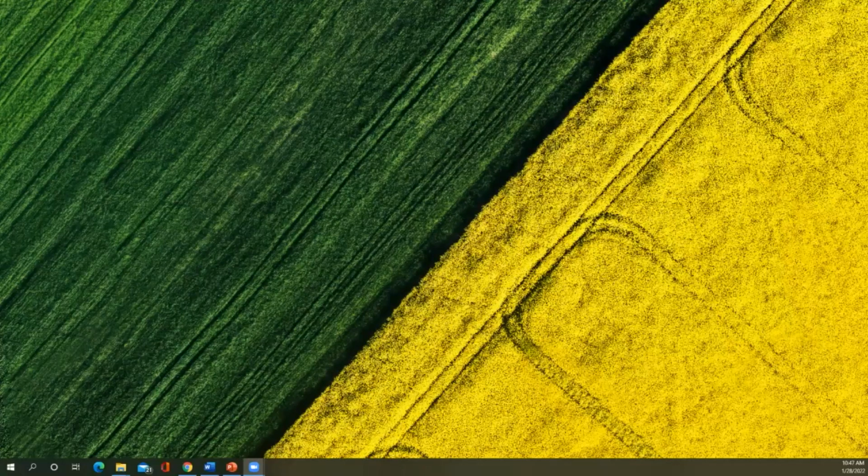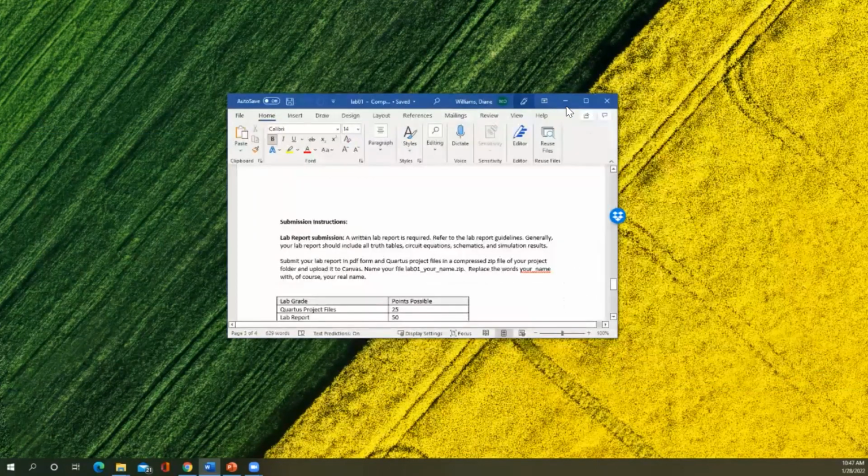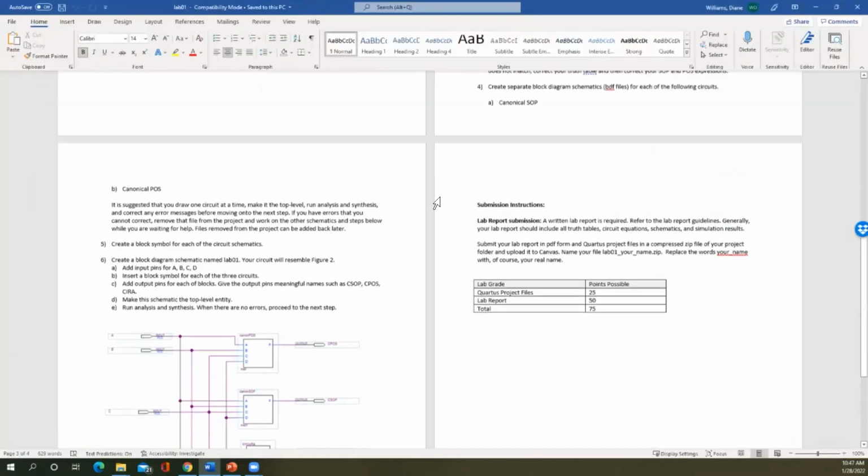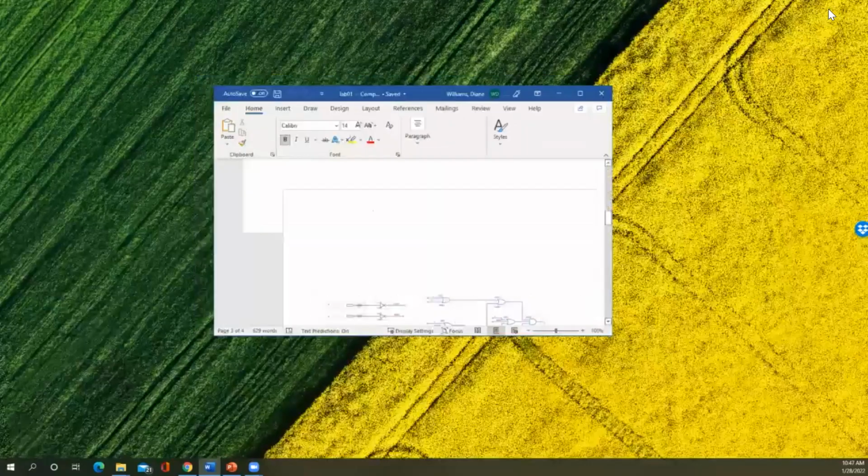So what I understood is that for the lab report, you want us to add the simulation that we did for all those circuits. Do we just copy and paste those into a Word document and add that to the compressed folder we're submitting for all the lab assignments? Yes, right.